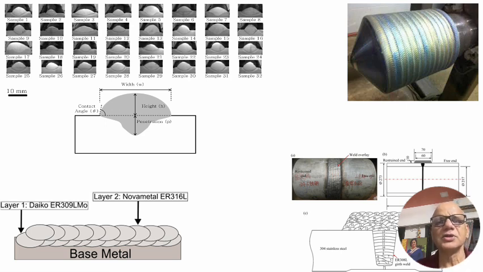So thank you for listening to this video on overlay, buttering, hard facing, and different entities which are required to be done and achieved. So what we actually get is a dye penetration test to see that there are no surface defects allowed, because any surface defect means crevice corrosion is going to increase.